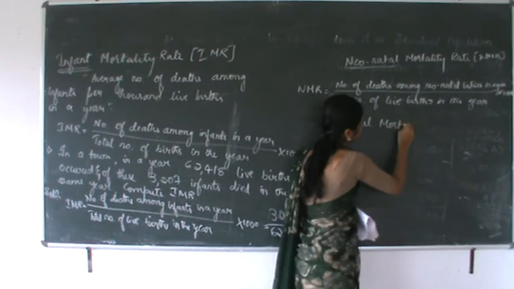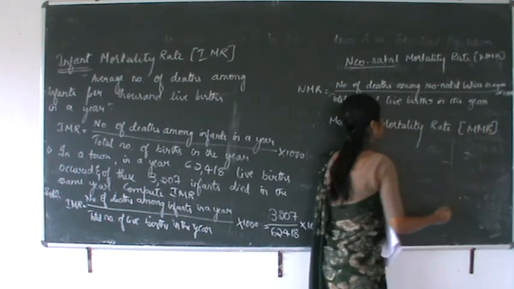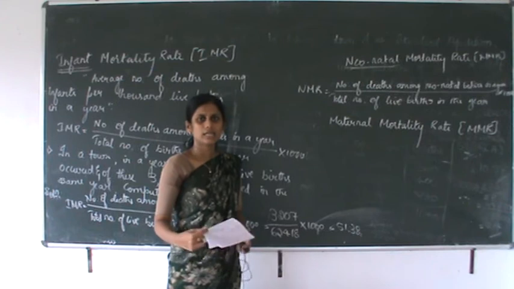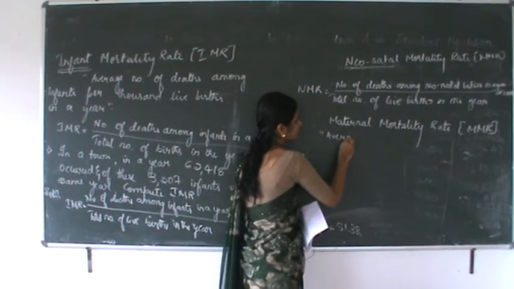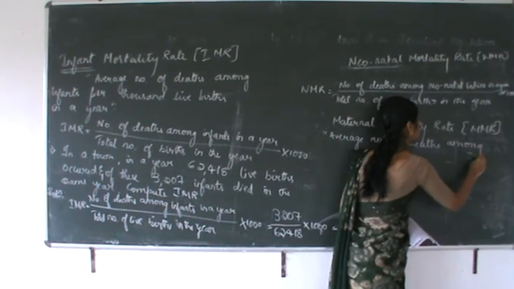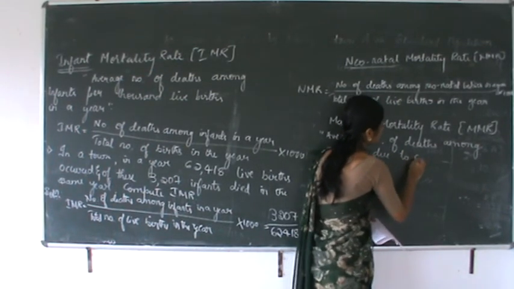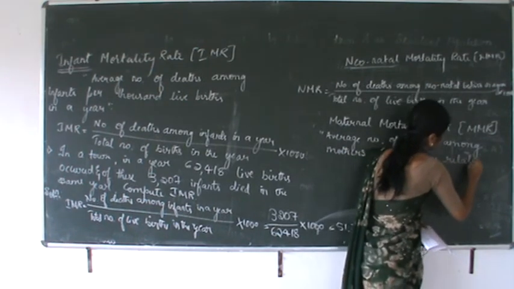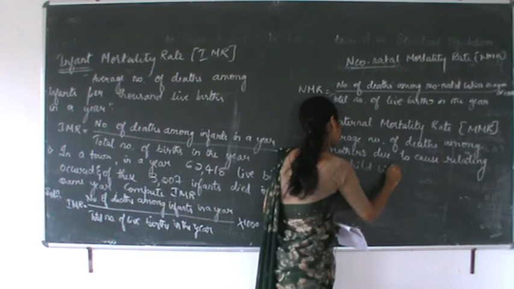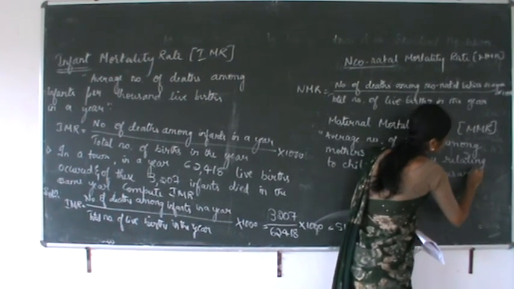mortality rate. Maternal mortality rate in short we can write it as MMR. So maternal mortality rate is nothing but average number of deaths among mothers due to cause relating to childbirth per 1000 live births in a year.